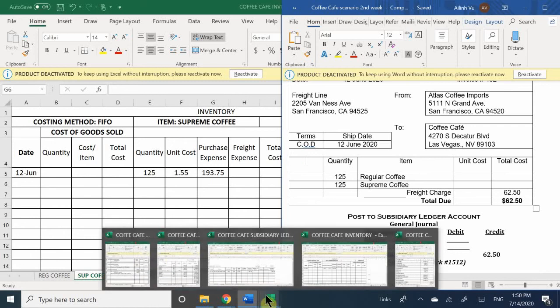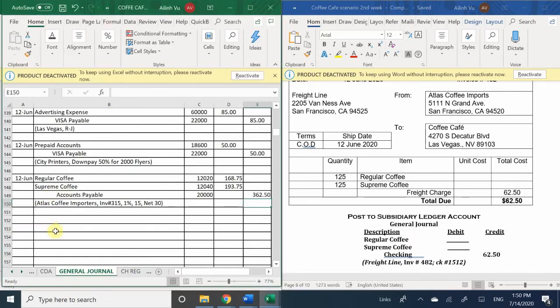Journalize it for regular coffee, $31.25. And Supreme Coffee, $31.25. Okay, perfect.